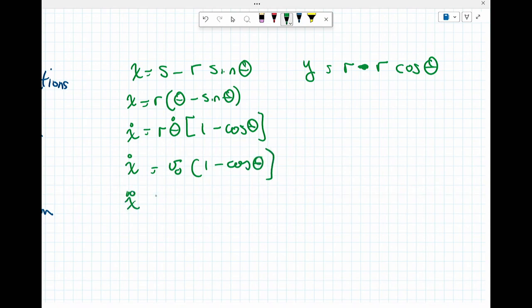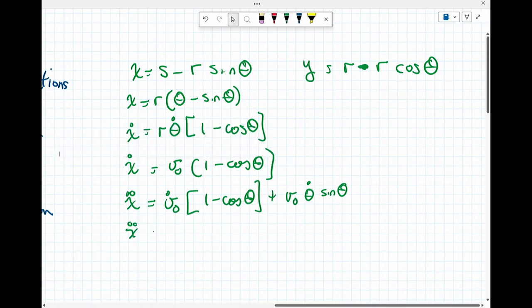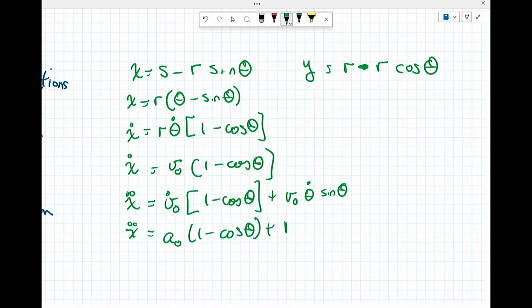X double dot is equal to v naught dot times 1 minus cos theta plus v naught theta dot sine of theta. X double dot is equal to a naught times 1 minus cos of theta plus r omega squared sine of theta.